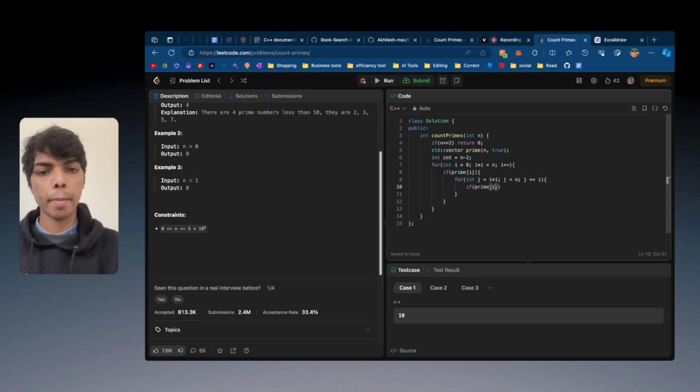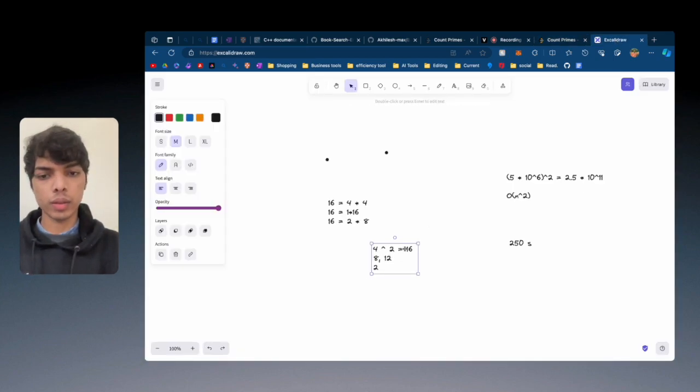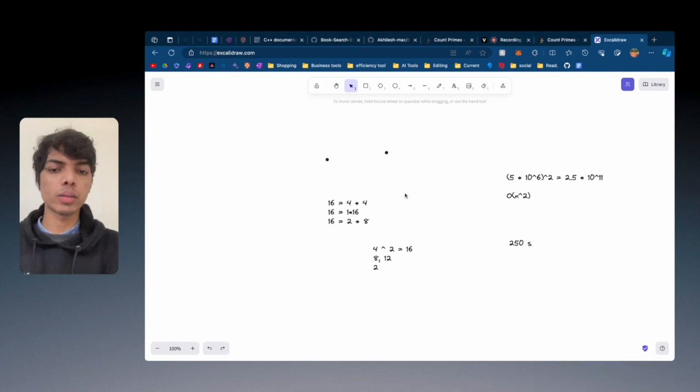Why is something you should question. Because, by a similar analogy, let's say 16: we know that the square of 4 is 16, and we also know that 16 is a multiple of 2. So when the current element is 2 and we are setting all the multiples of 2 as non-prime, we will set 16 as non-prime, and we'll be back to 4.